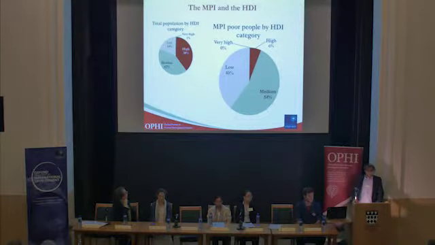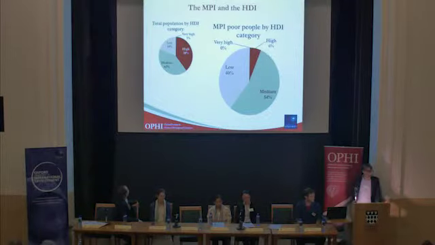The MPI has been reported alongside the HDI tables since 2010. Both indices have the same dimensions. They focus on health, education, and the standard of living, but the indices capture different concepts. So the Human Development Index measures well-being, the MPI measures poverty. Also, their data sources differ.